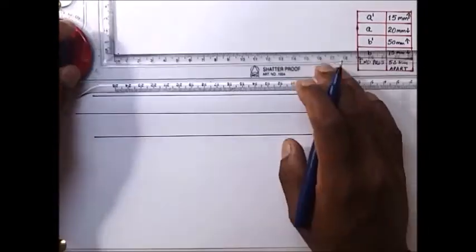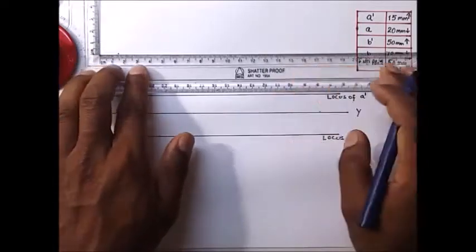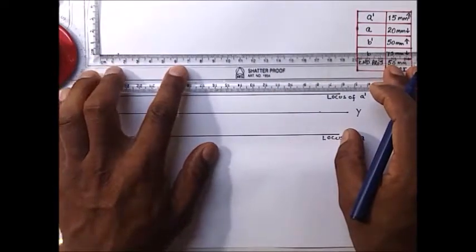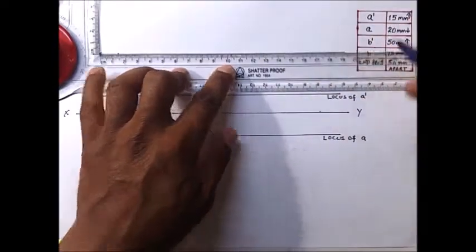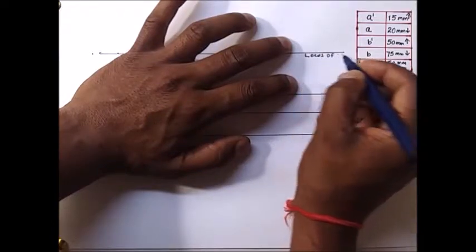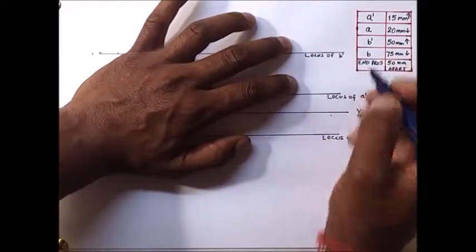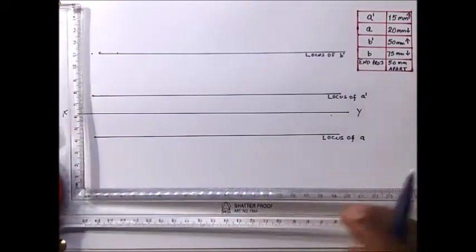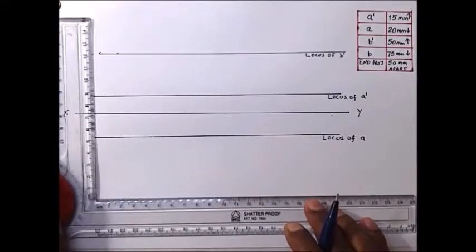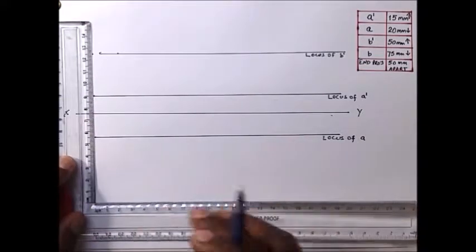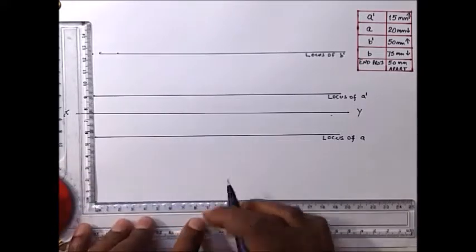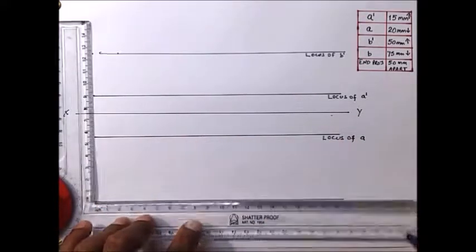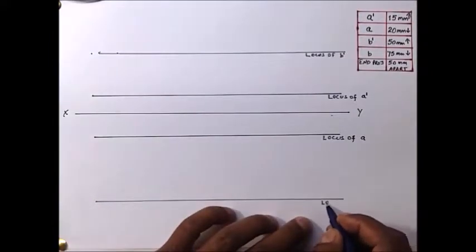This is 50 mm and this line will be the locus of B dash. Similarly, draw the locus of B, that is 75 mm below. So mark a point 75 mm below XY line and draw the locus of point B.